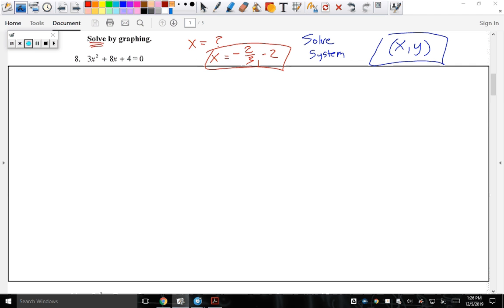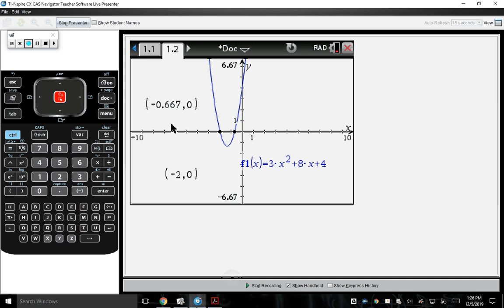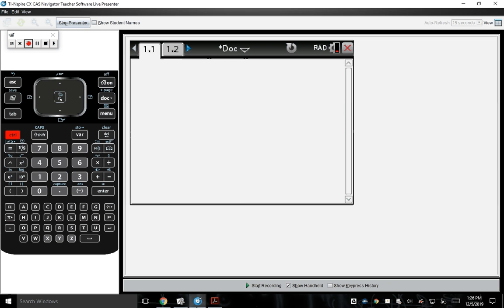But for the sake of practice, real quick, let me show you another way that you could have done this in the calculator, then we'll do it by hand. So going back to my first page right here, if I do menu 3.1 and I solve when 3x squared plus 8x plus 4 is equal to 0, I can just do comma x and it'll give me the answer just like that.